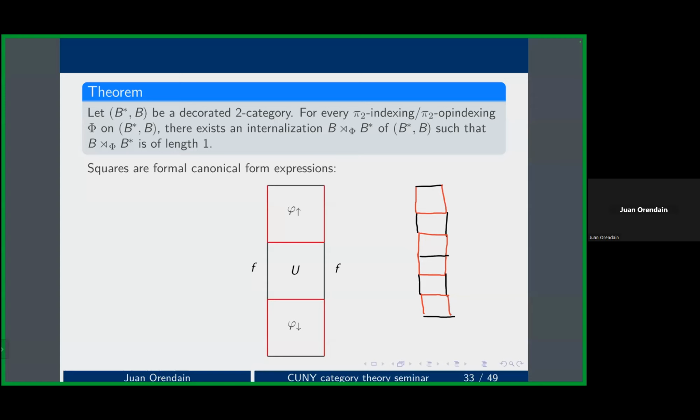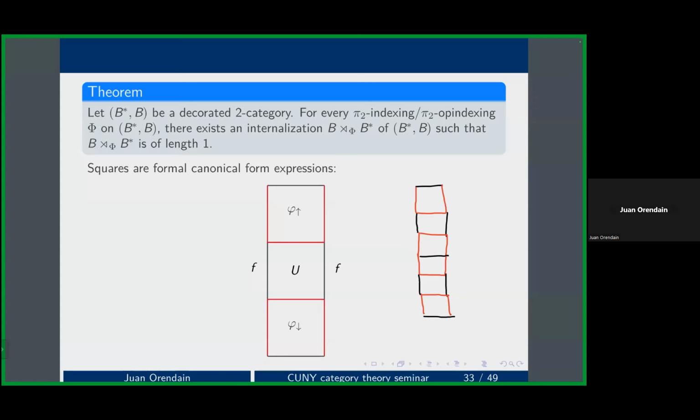And the vertical composition would be this drawing that I have here, this horrible drawing. So you have two canonical decomposition squares here, one at the bottom, the first three squares, and then one at the top. Then you compose them vertically by stacking them together, and you would have a top square, a bottom square, and in the middle two horizontal identities and the vertical composition of bottom and top squares.